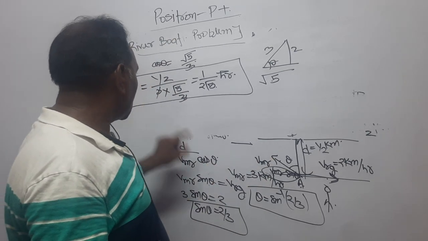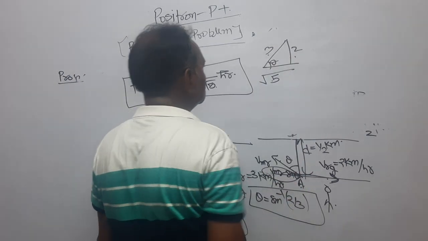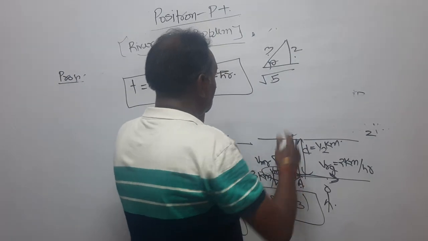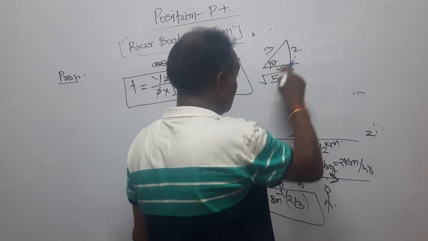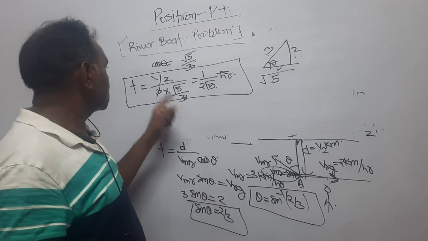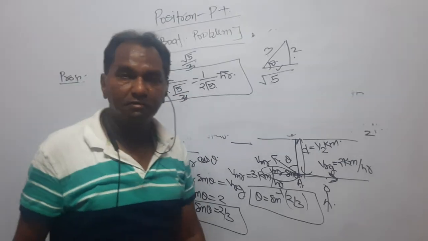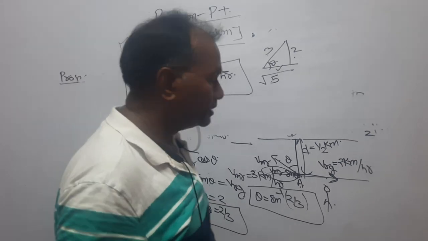VMR is 3, and sine theta we have found is 2 by 3. So cos theta will be under root 3 square, 9 minus 4, root 5. So cos theta is equal to root 5 by 3. So ultimately we have got that the time taken in crossing this river is equal to 1 upon 2 root 5.